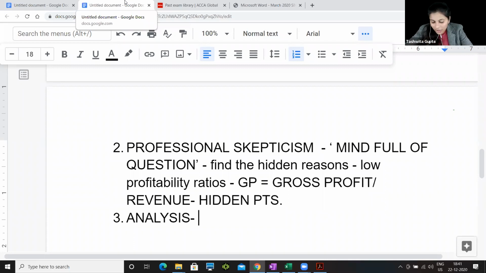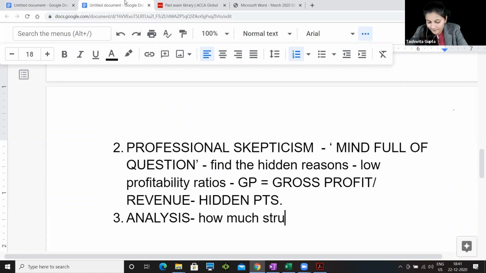How much structured, structured means very nicely presented, not presentation in the form of your handwriting or your font size or your bold, italics and underline, but presentation in the form of your logical flow.